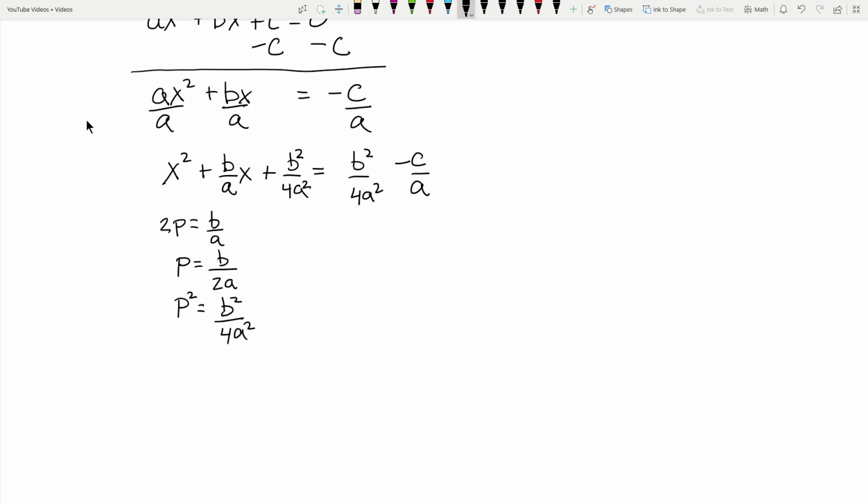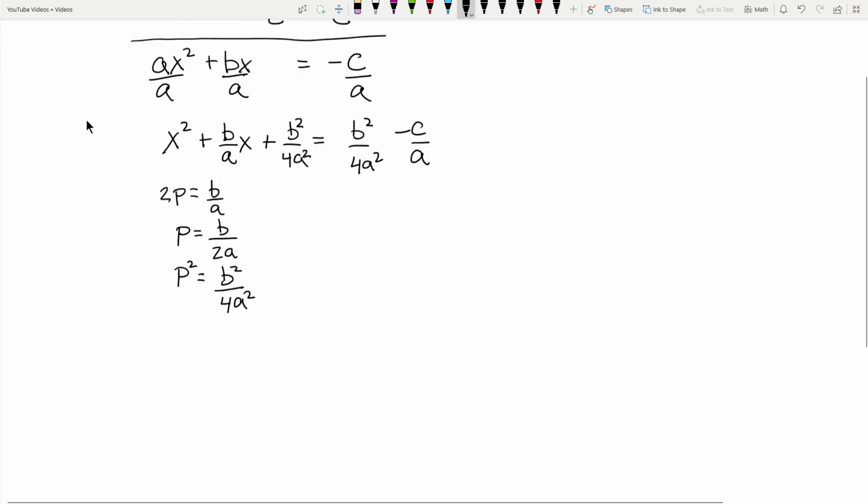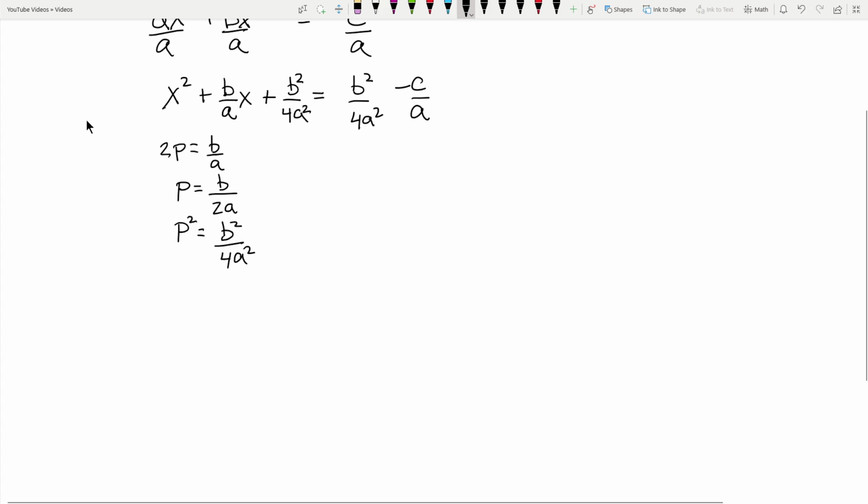All right, now on the left-hand side, I've got a perfect square. That's going to factor into x plus p squared, and so x plus b over 2a, squared. And on the right-hand side, I need to get a common denominator.